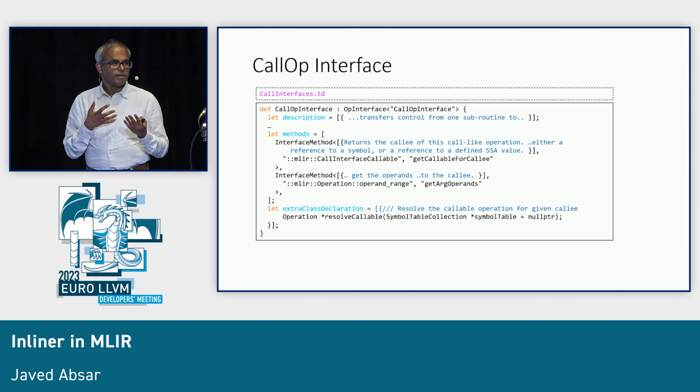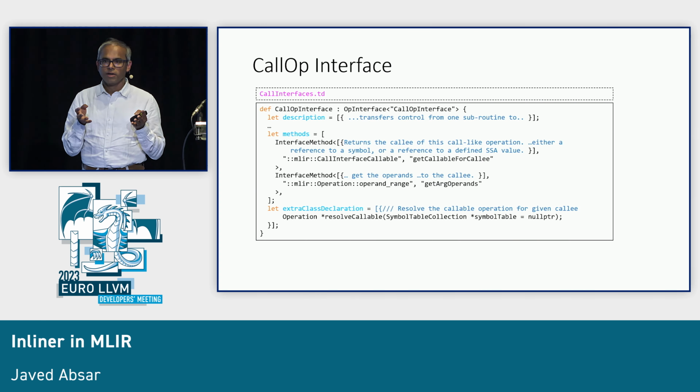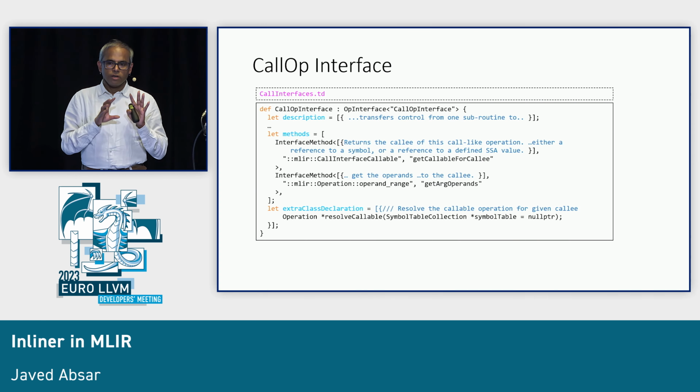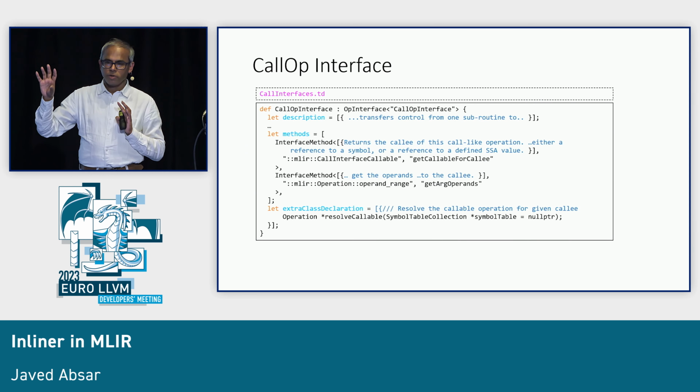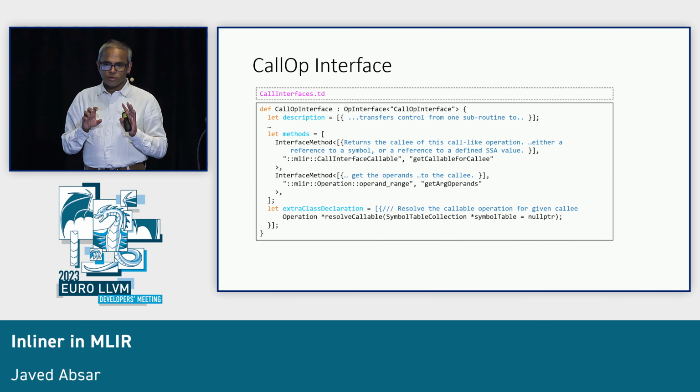But when you are implementing the inliner, you're building the call graph, which means you need these calls and who you're calling. But actually, calls are not just for the inline purpose. If you have a dialect and a notion of something you want to call, and why do you normally call something? Because you don't want to duplicate that thing several times. Then you need to implement these two interfaces. One is the call interface.